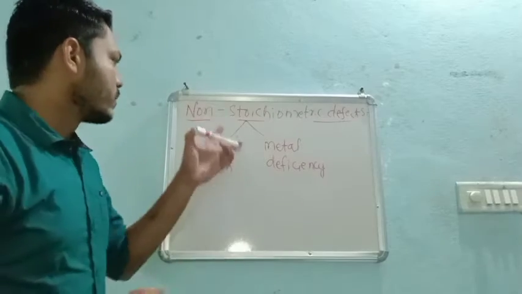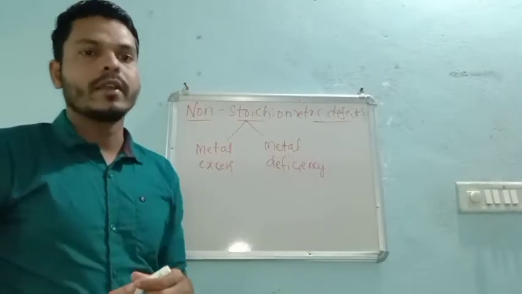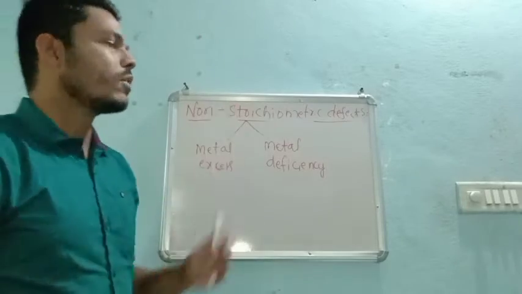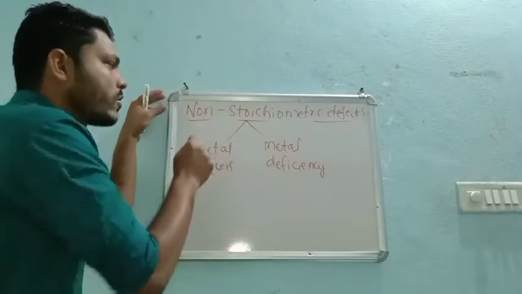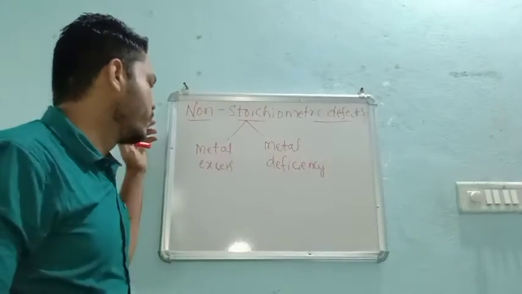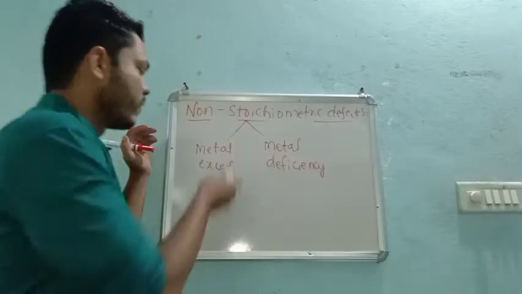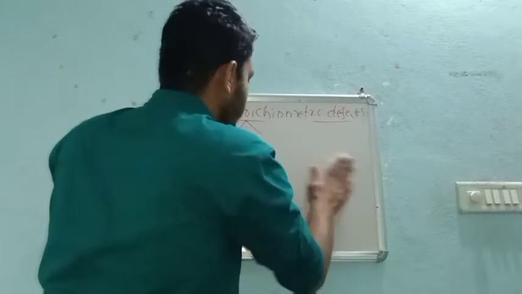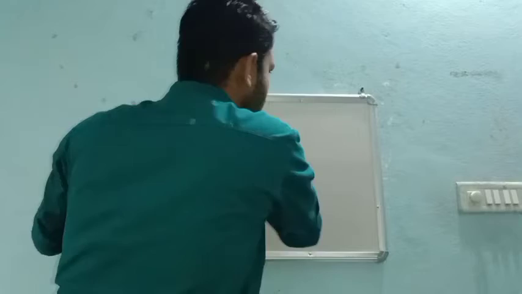That type of defect is non-stoichiometric defect, the dead opposite of stoichiometric defect. It can be further classified into metal excess and metal deficiency defects. First, we will see what a metal excess defect is, how it arises, and what the causes are.